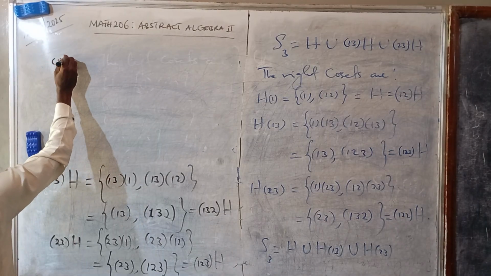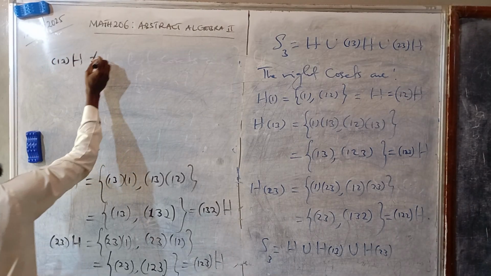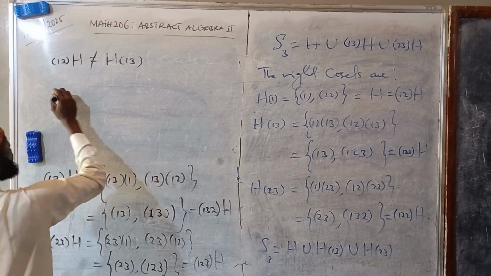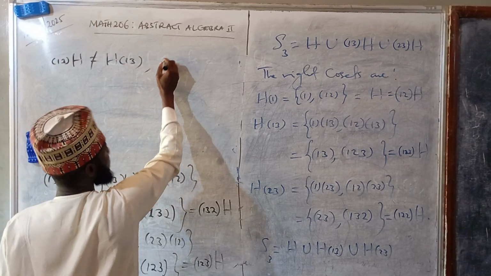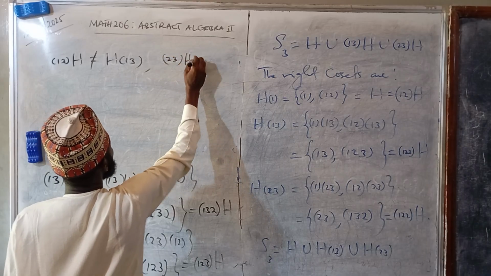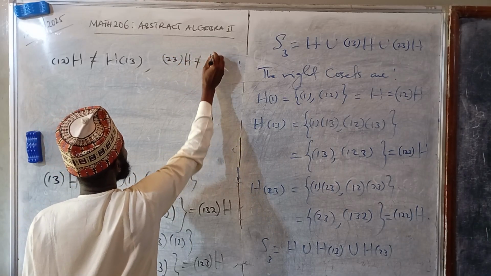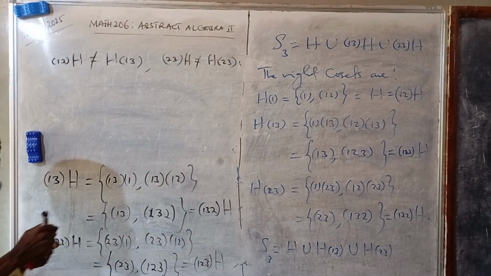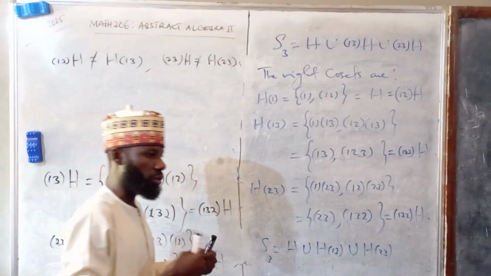The left coset generated by (1 3) is not the same as the right coset generated by (1 3). Likewise, the one generated by (2 3) is not the same as the right coset generated by (2 3). So it's not always the case that left and right cosets will coincide.